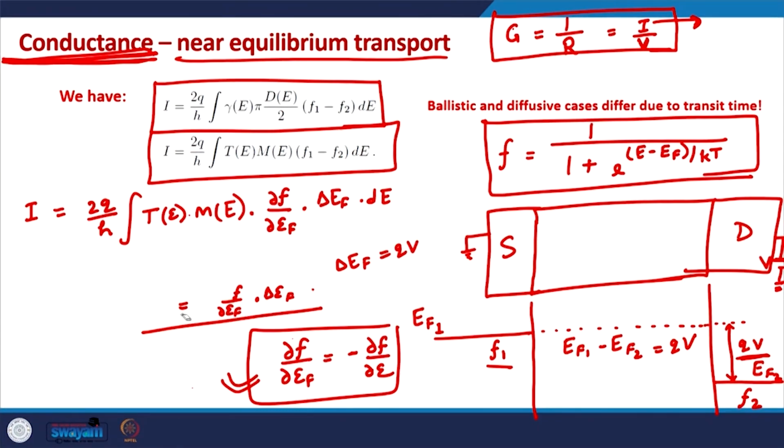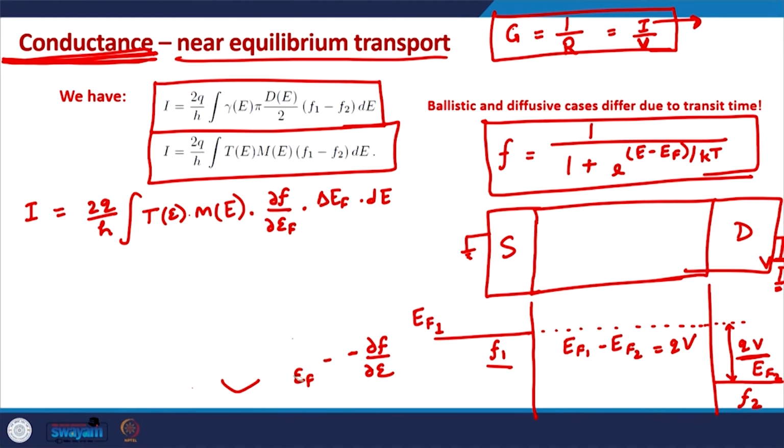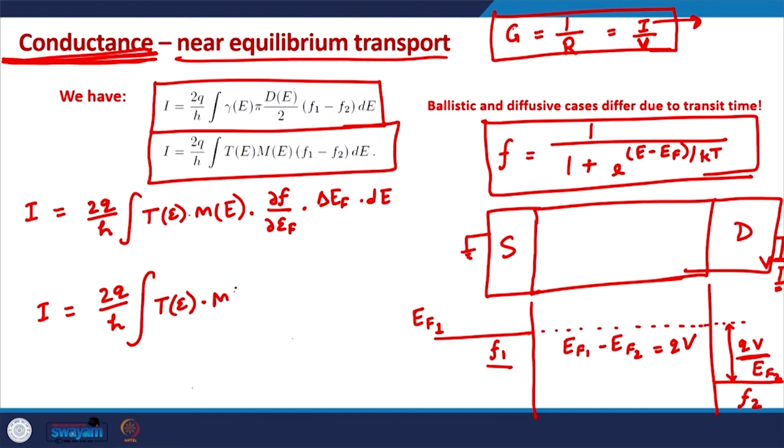So, let me erase this extra part. So, finally, what we have is I is equal to 2q by h integral dE into M(E) into del F by del EF, which can be written as minus del F by del E, and delta EF is Q times V dE.